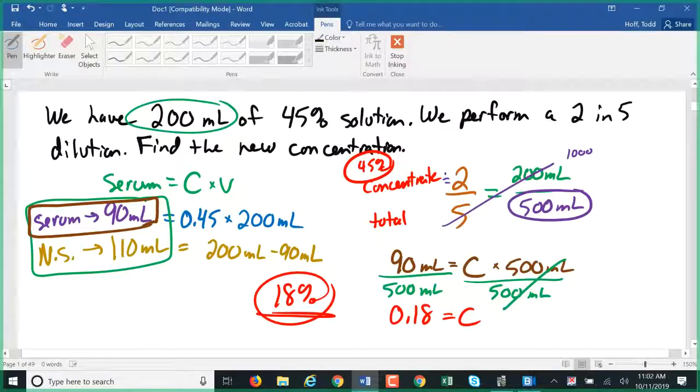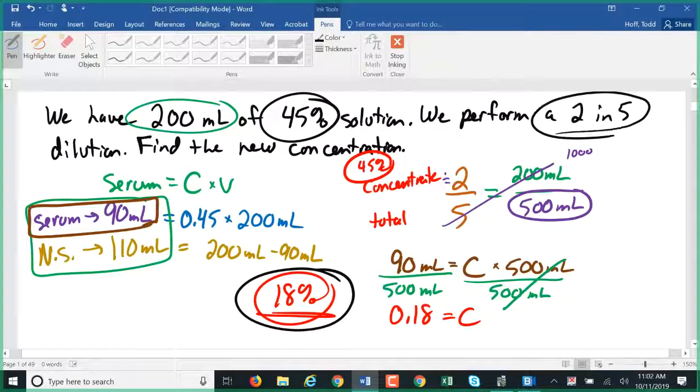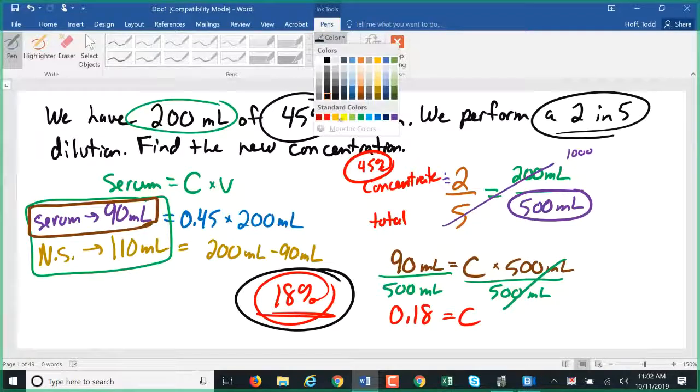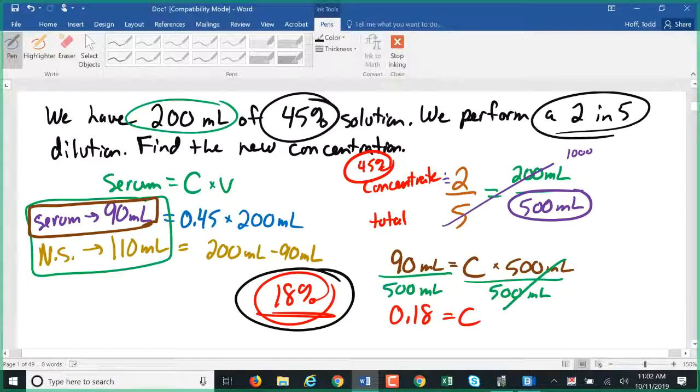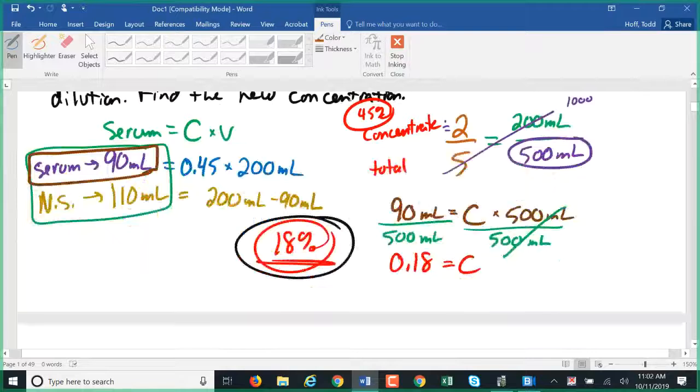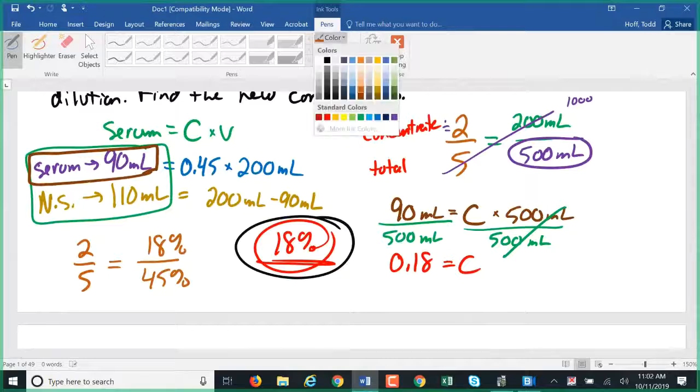Now there is a definite relationship between the new percent, old percent, and the dilution performed. We performed a 2 in 5 dilution. Percent went from 45% to 18%.